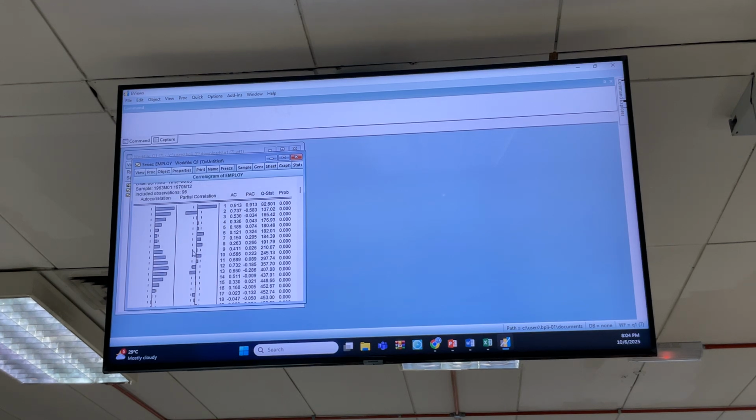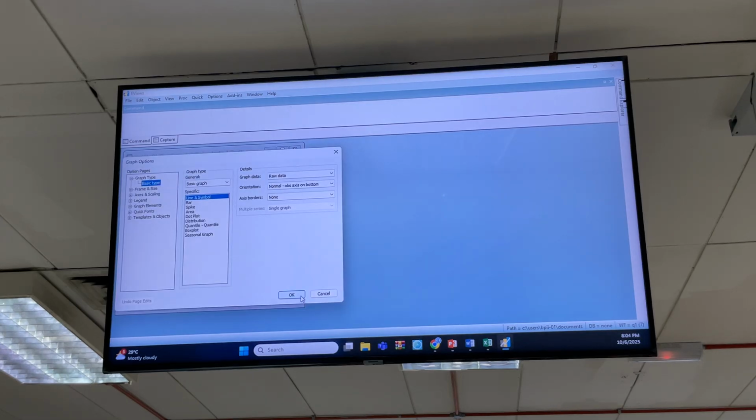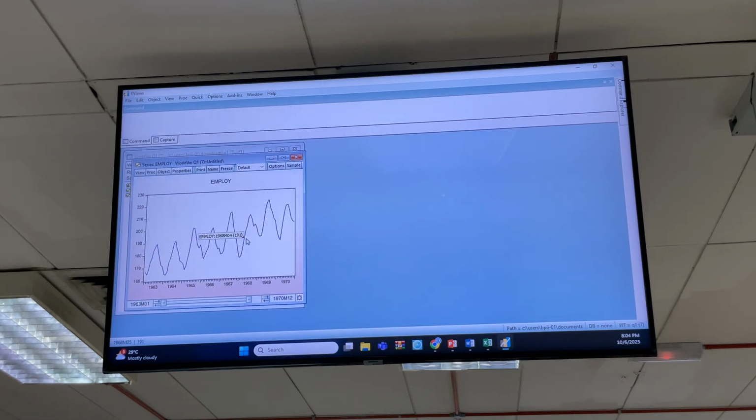Performing the test I also leave to you, as I mentioned before. If you look at the graph, you can see that it does not satisfy the two assumptions; first, the mean is not stable. So sometimes by looking at the graph we can know whether it is stationary or not.